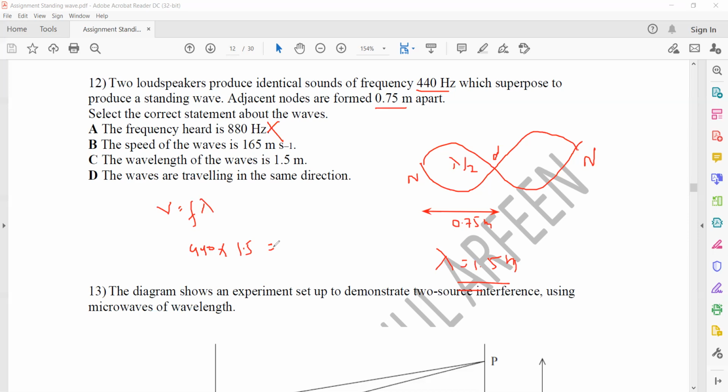So 440 times 1.5 equals 660 meter per second, so it cannot be B. The wavelength is 1.5, so C is the right option. What about D? The waves are traveling in the same direction. It cannot be, because the waves should travel in opposite directions to give rise to a standing wave. That's why C is the right statement for this question.